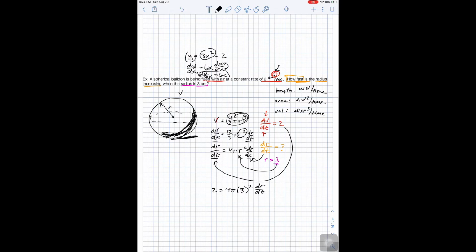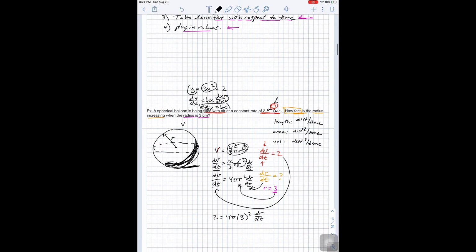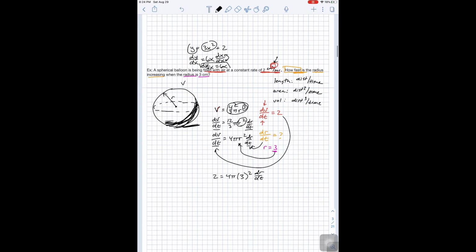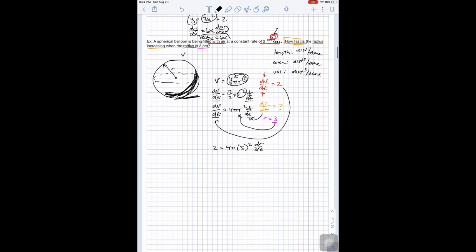Because I only have one unknown left at this point, I know that step 2 didn't need to happen. We substitute for any extra variables. We don't have extra variables. We only have one unknown, so we're good to go.